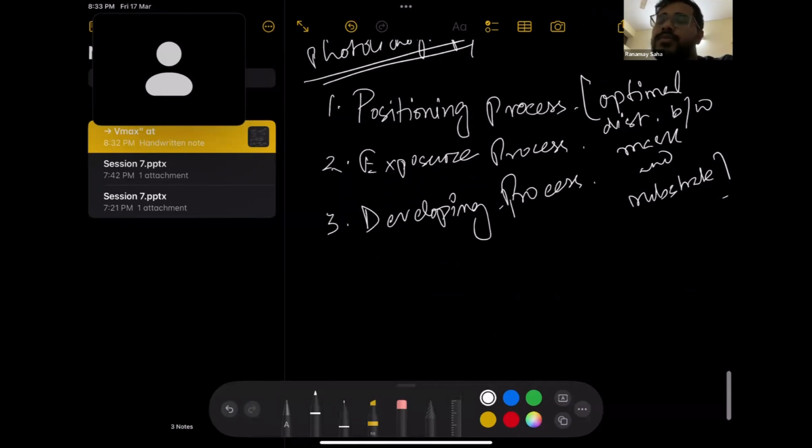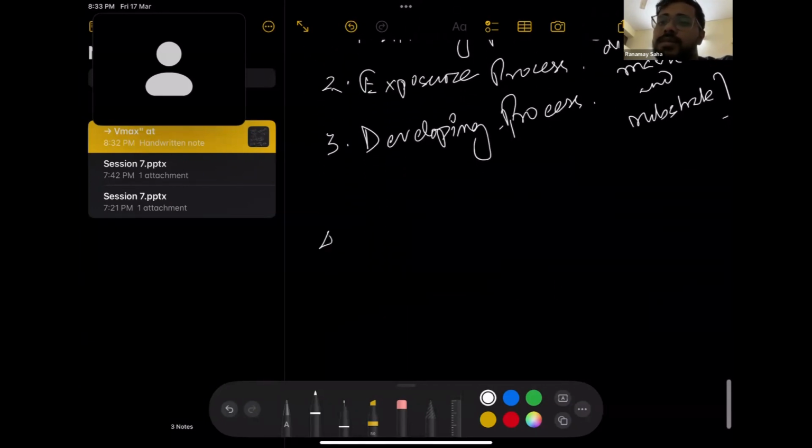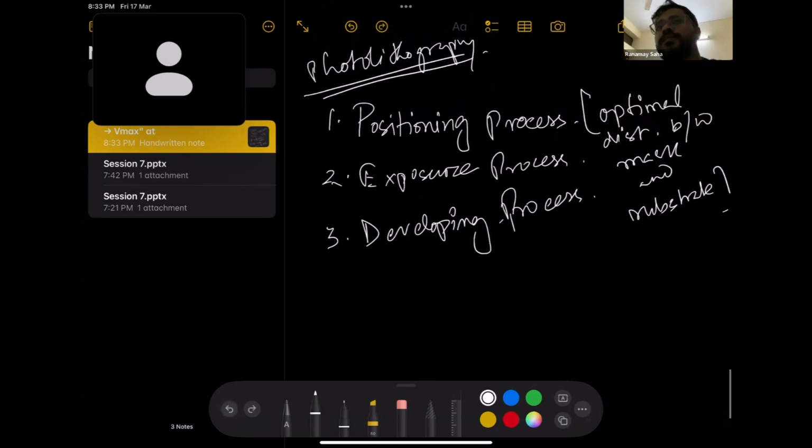So lastly, you have a development process in which you dissolve or etch the resist pattern which has been debonded. Okay, so these are the major steps of the photolithography process. This can be asked in your papers or exams actually, so we should discuss it here.